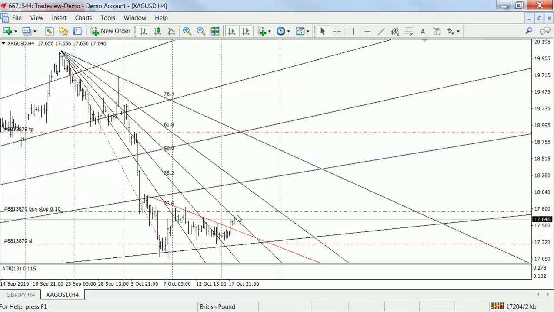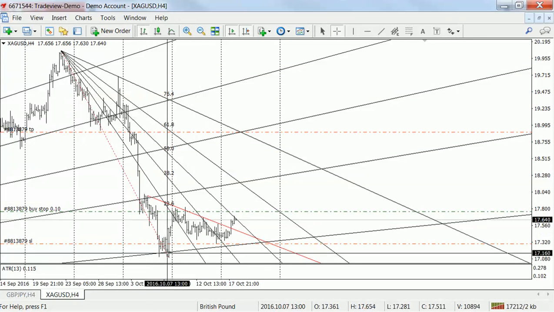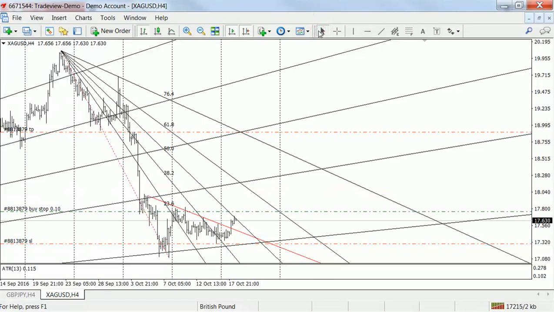Alright, so right now it's forming some sort of a bearish pennant, bearish pennant macam tu. Alright, most likely it's going to push to the upside.